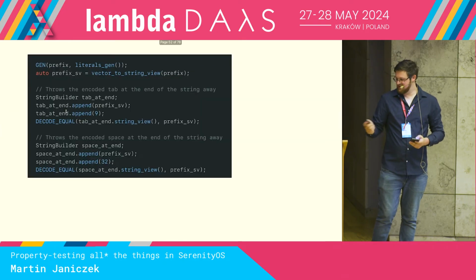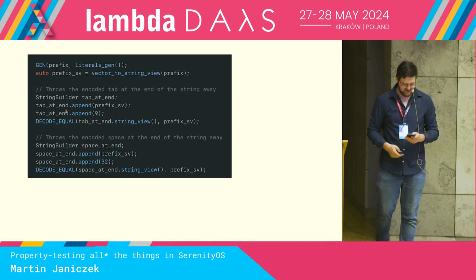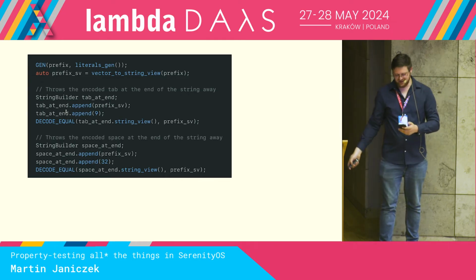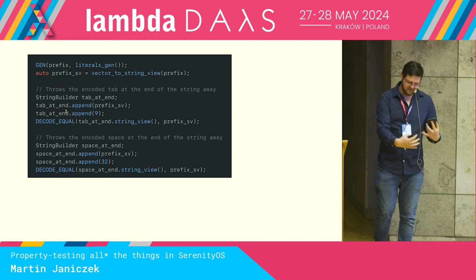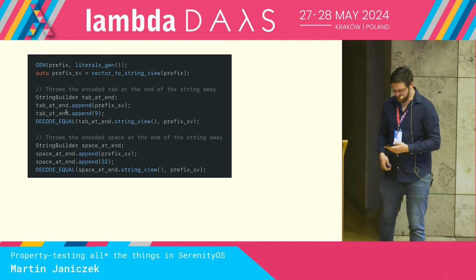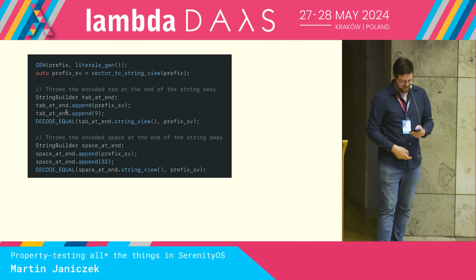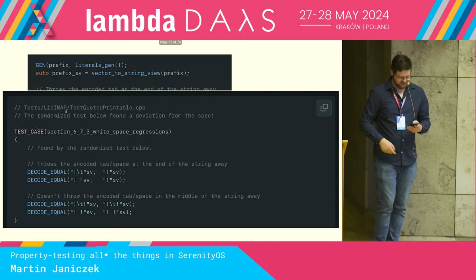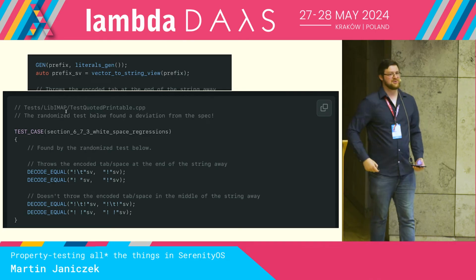And so, yeah, let's just generate those situations and see what it does. I generated a string made of literals, meaning the characters that will get preserved verbatim by the encoder, and appended a tab or a space, ran the decode function, and it doesn't do what it's supposed to do.